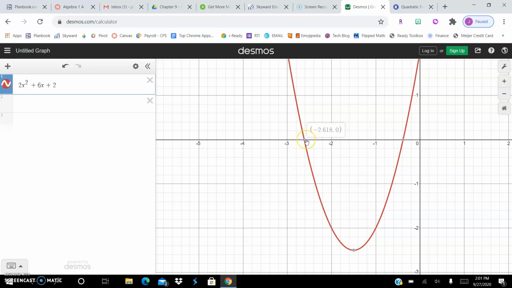And if you use the Desmos graphing calculator on your computer, then you can just simply set your mouse on the points and it tells you the ordered pairs. So this answer is negative 2.618 and this one is negative 0.382. So you can go ahead and write those down for your two answers. You don't need to write the whole ordered pair, just the x value. Okay.